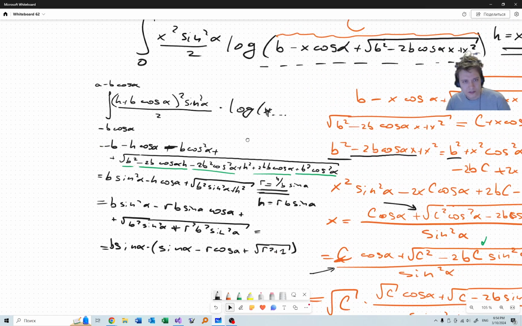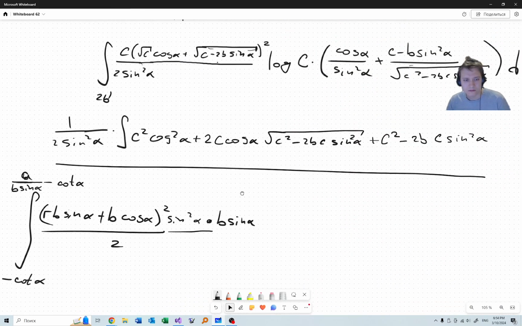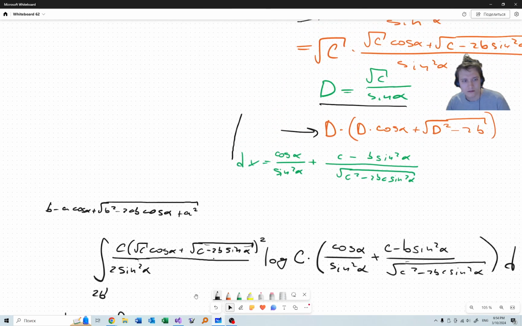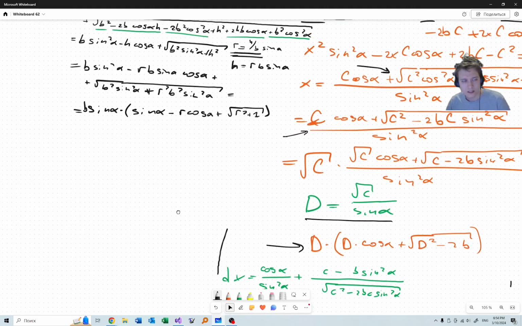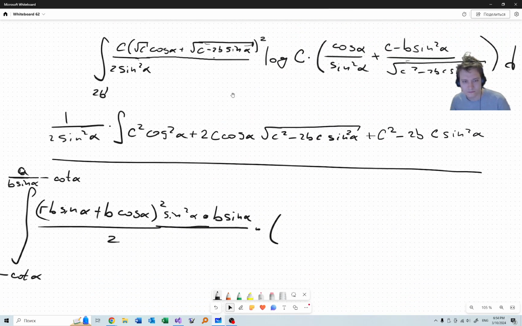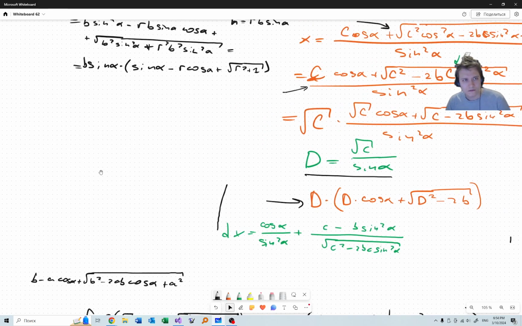And all of this should be multiplied by a logarithm of something. Actually by logarithm of b sine alpha plus logarithm of this.